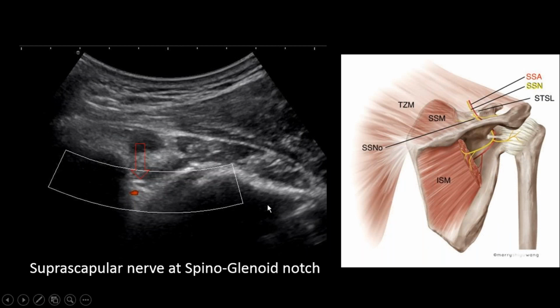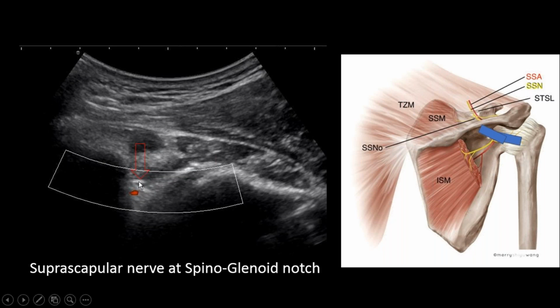This is the area. So what we do is we scan the posterior glenohumeral joint and move the probe medially, obliquely, to be on the spinoglenoid notch. And this is the spinoglenoid notch, and the hyperechoic structure that you see here is the suprascapular nerve, and there's an artery deep to it.